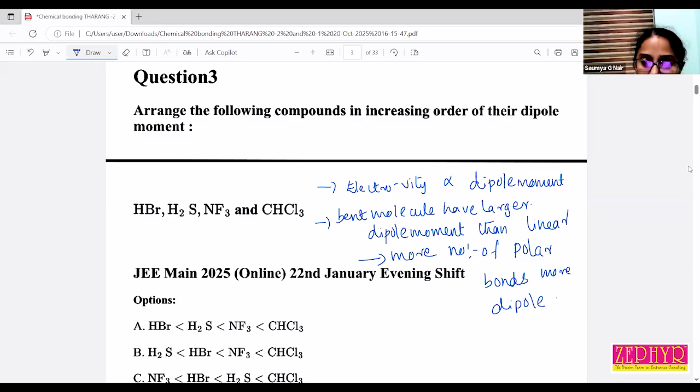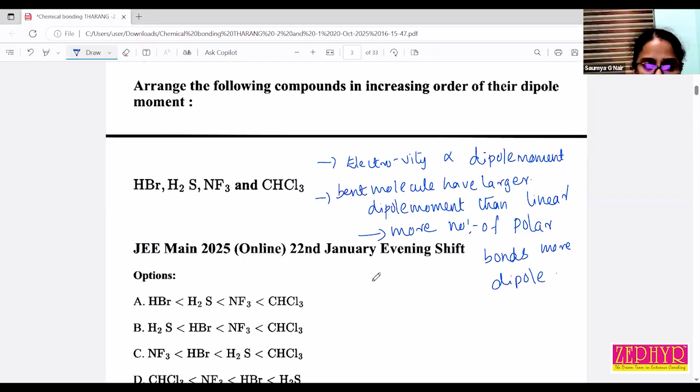Then we can draw the structures. HBr is a linear molecule. Bromine pulled the electron from hydrogen. Then next, H2S. Sulfur is the central atom.